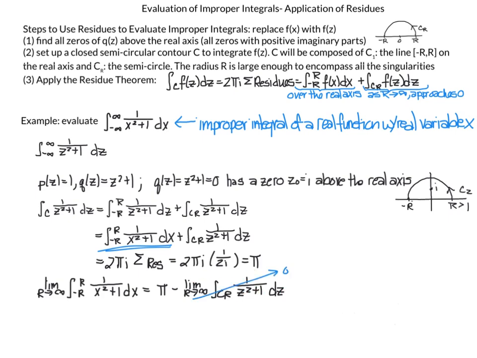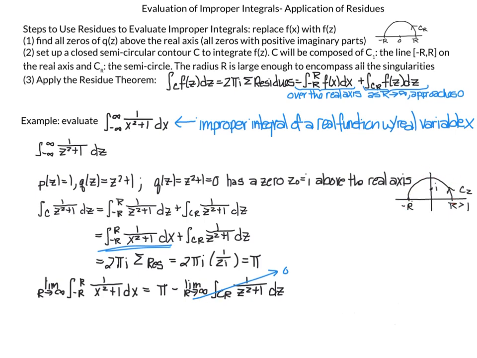At this point, we're going to show that this integral, as r approaches infinity, approaches 0. That's this note over here in blue. Here we have our radius r, and r is going to infinity because we're integrating from negative infinity to infinity, so this radius is also going to infinity.